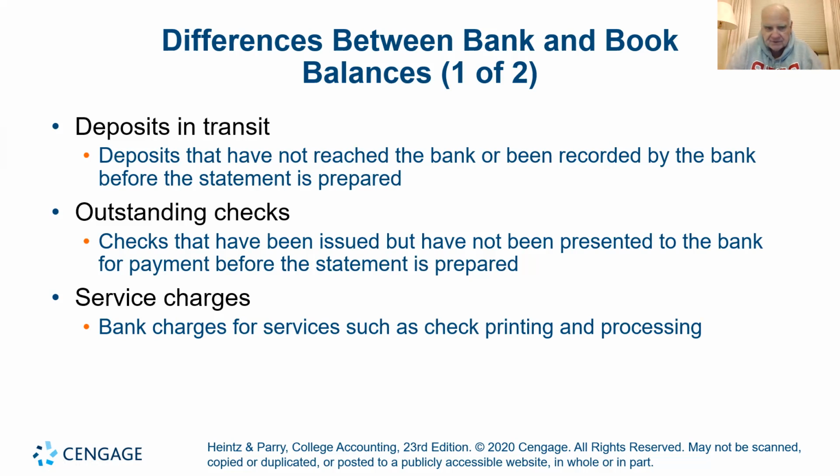We also write checks. The checks that we write that we've recorded in our ledger, but not yet cleared by the bank are called outstanding checks. Outstanding checks. It means that they have not been processed by the bank yet. And you're going to have a whole bunch of these typically at the end of the month.